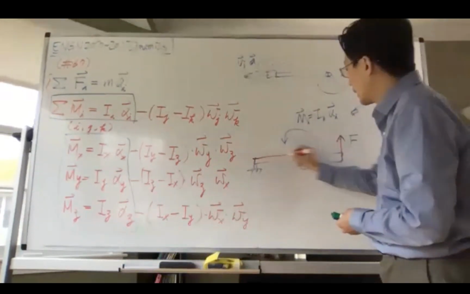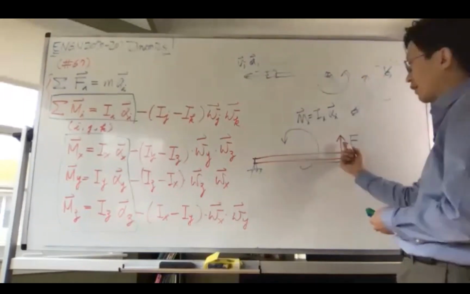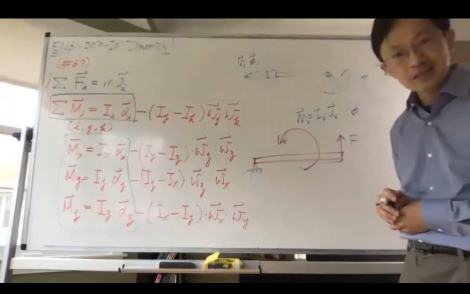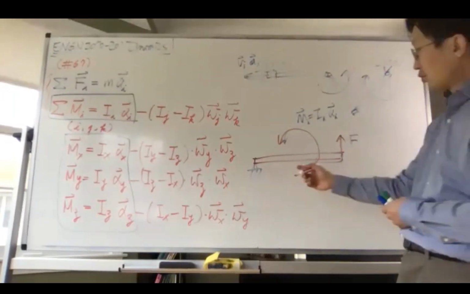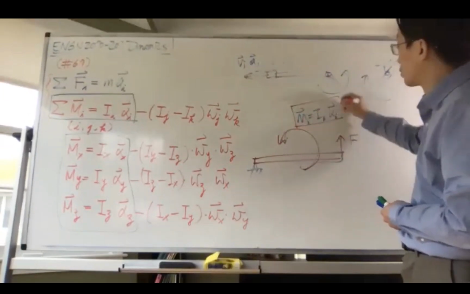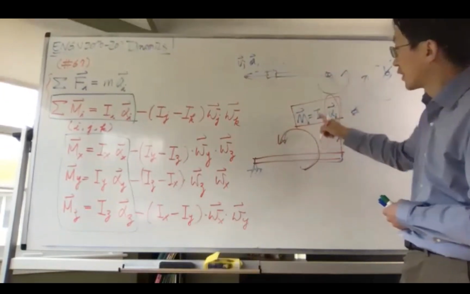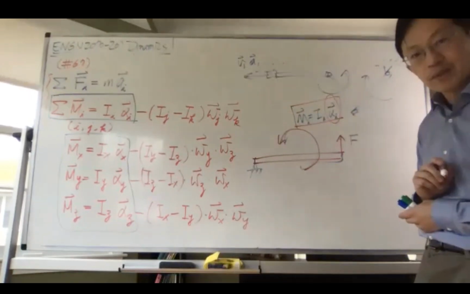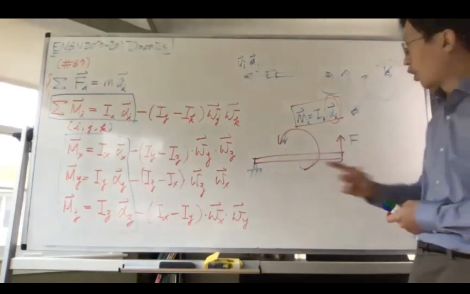It creates this kind of moment, because after applying the force, this whole thing is going to rotate like this. Does that make sense? The force produces an equivalent moment, which results in this kind of motion associated with the mass moment of inertia times the corresponding angular acceleration. Now, what is the direction of this alpha?